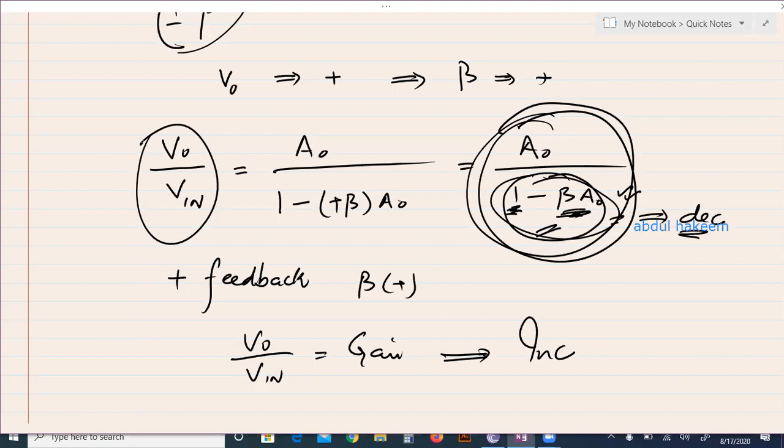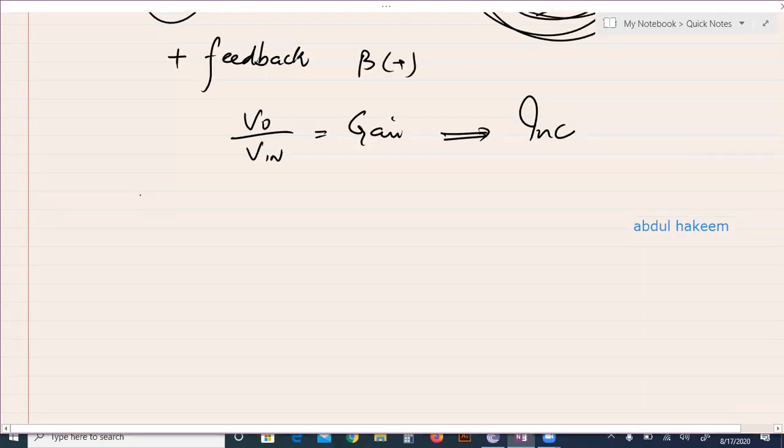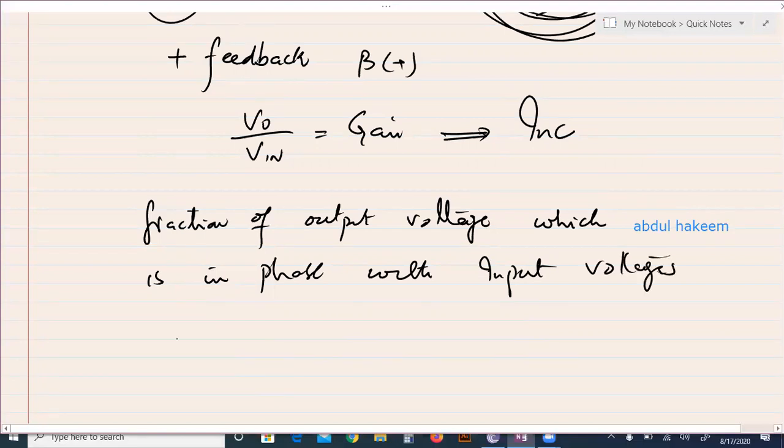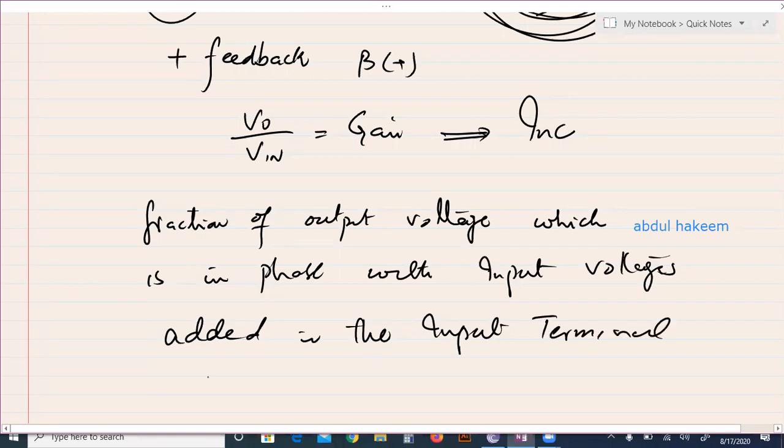So now we can define this positive feedback. Fraction of output voltage which is in phase with input voltage, added in the input terminal, then the procedure is called positive feedback.